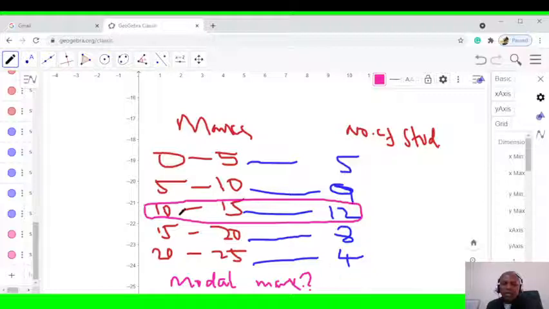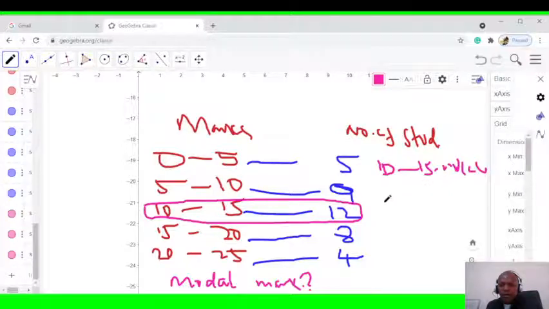So 10 to 15 is a class, and we are calling this the modal class. We are also saying that this 12 is the frequency of the modal class, so this will be called FM, the frequency of the modal class.